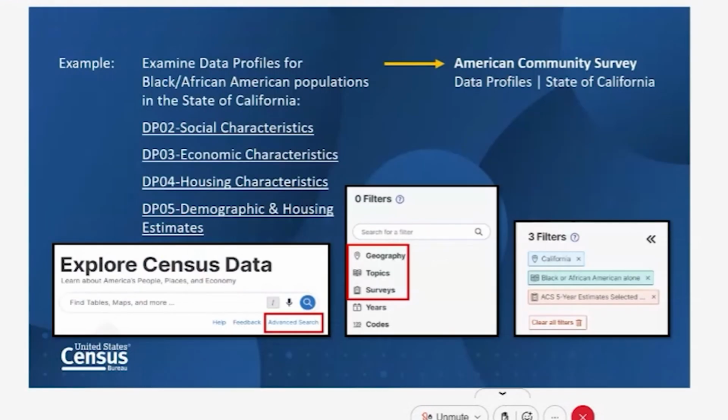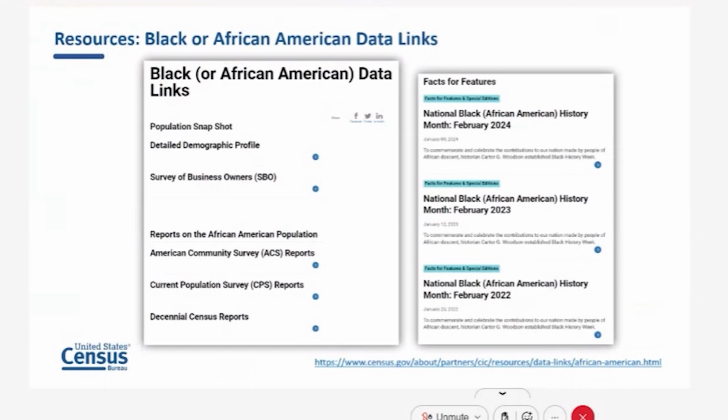Yes. Perfect. All right. You have this information from the prior presentation, but these are just quick resources. If you wanted additional data on the Black or African American population, a few links are here, and you should have the PDF version, which will have this link that will help you find these various data sets.